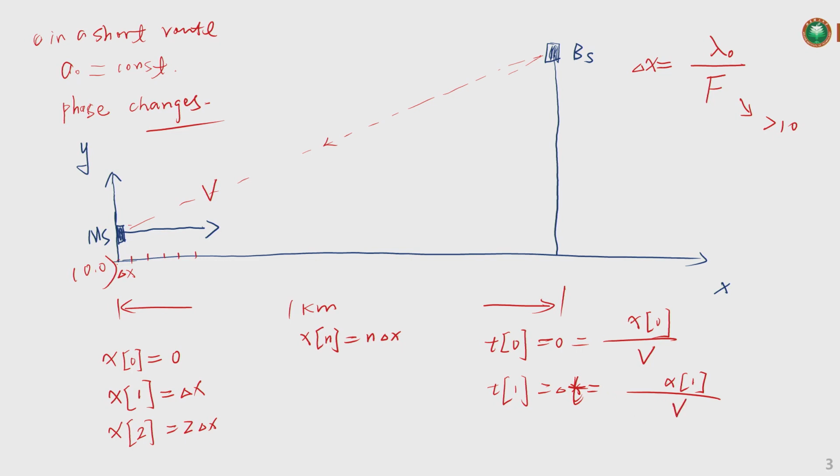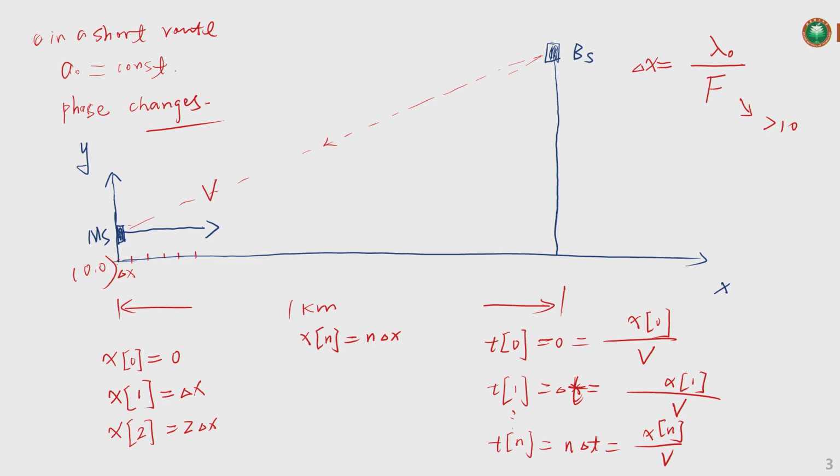So tn equals n times delta t, equals xn divided by the velocity.